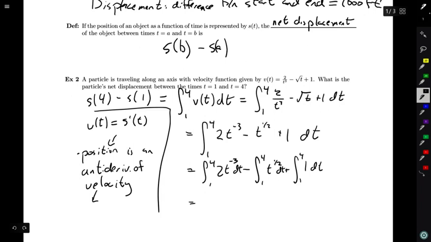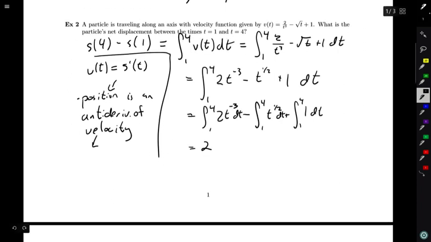And now I can compute some antiderivatives. I know that constant multiples stick around when I'm taking an antiderivative by my constant multiple rule. I also know that when I'm integrating a power, I increase the exponent by 1. So note that increasing minus 3 by 1 gets me up to minus 2 here.